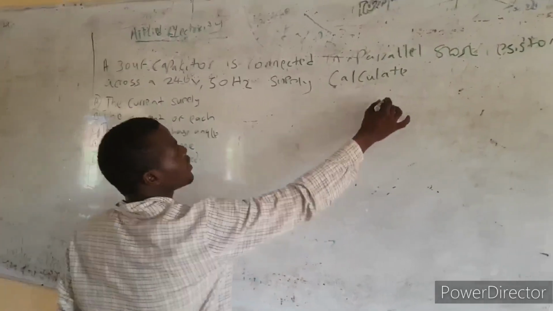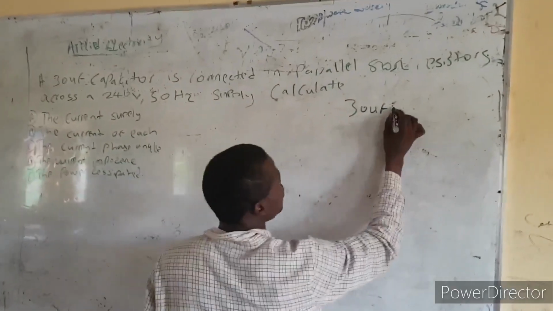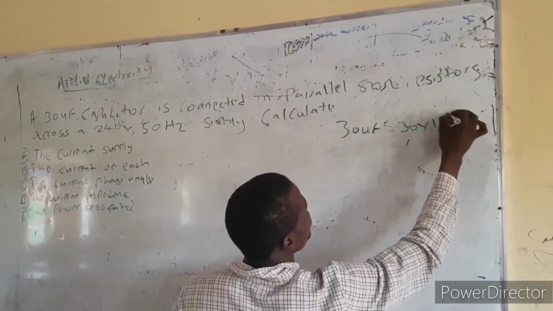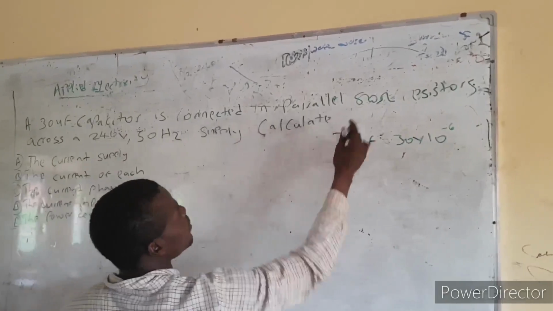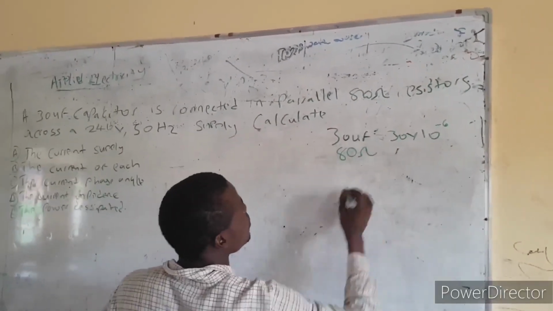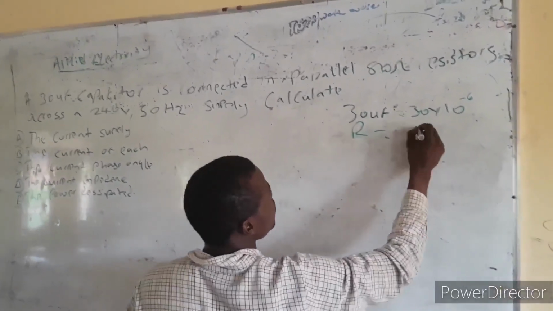We have a 30 microfarad capacitor, which is C equals 30 times 10 raised to the power of minus 6. We have 80 ohms, which is our resistor, so R equals 80 ohms.